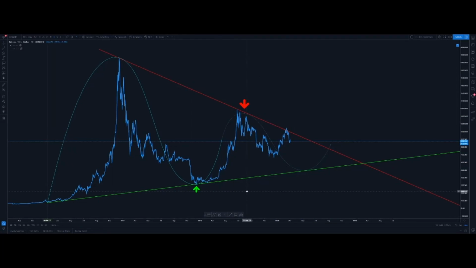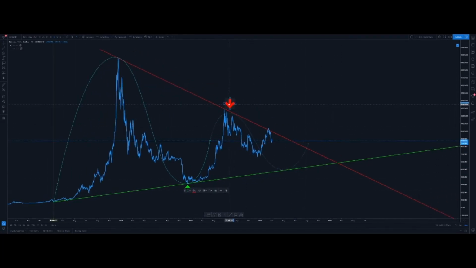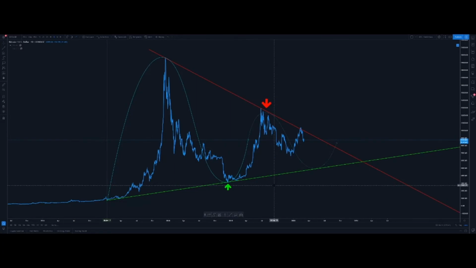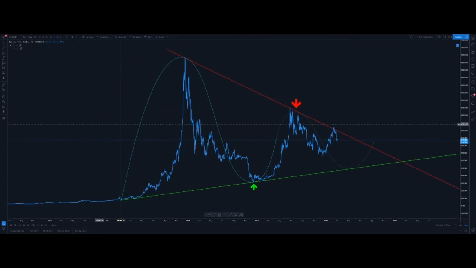So now, will this thing find support here? Well, there's one thing you want to know about symmetrical triangles.